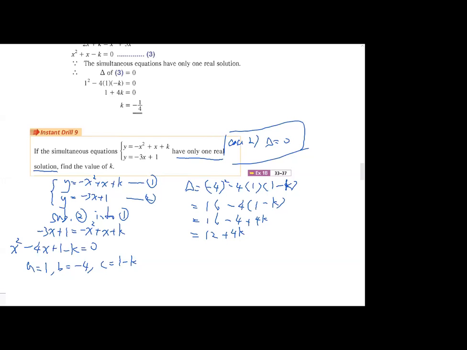The extra information is that this equation has only one real solution, which means that I can put our delta equal to 0, because of that information. So 4k is equal to negative 12, and finally, we can find the value of k to be negative 3. So that is the final answer for this instant drill number 9.